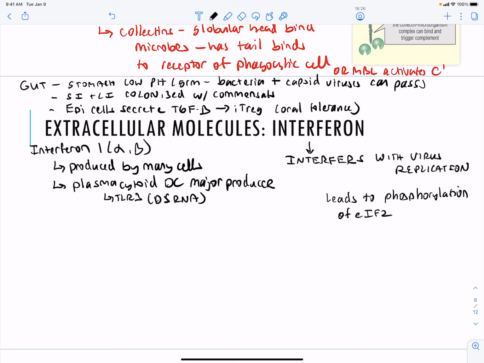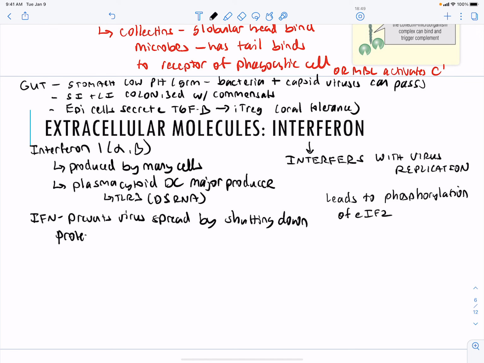Now, interferon prevents virus spread, and it can do this through preventing translation. So basically, a virus will hijack your cell and take over your translation machinery, so it makes proteins for the virus, not proteins for the cell.